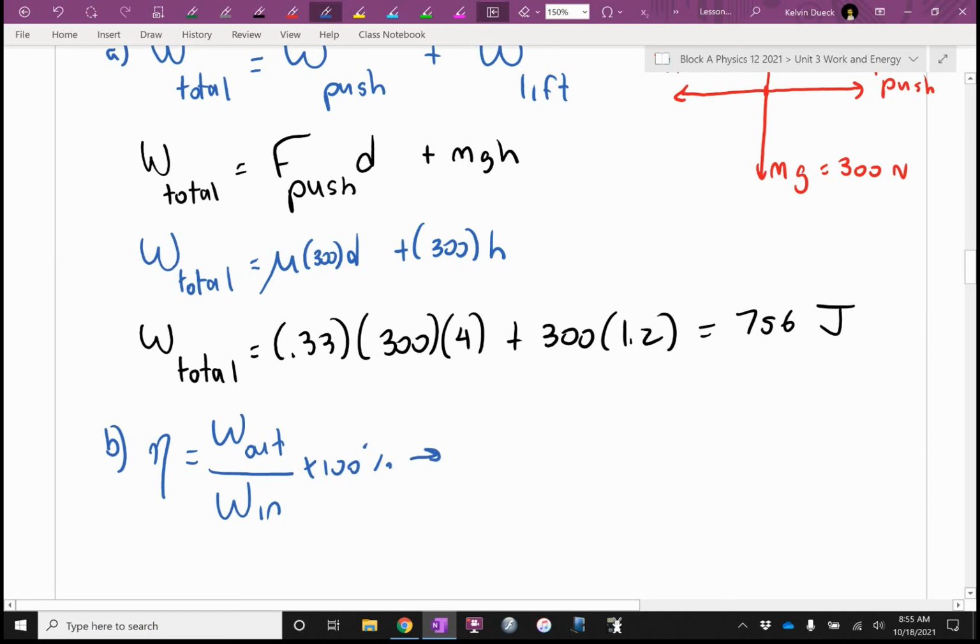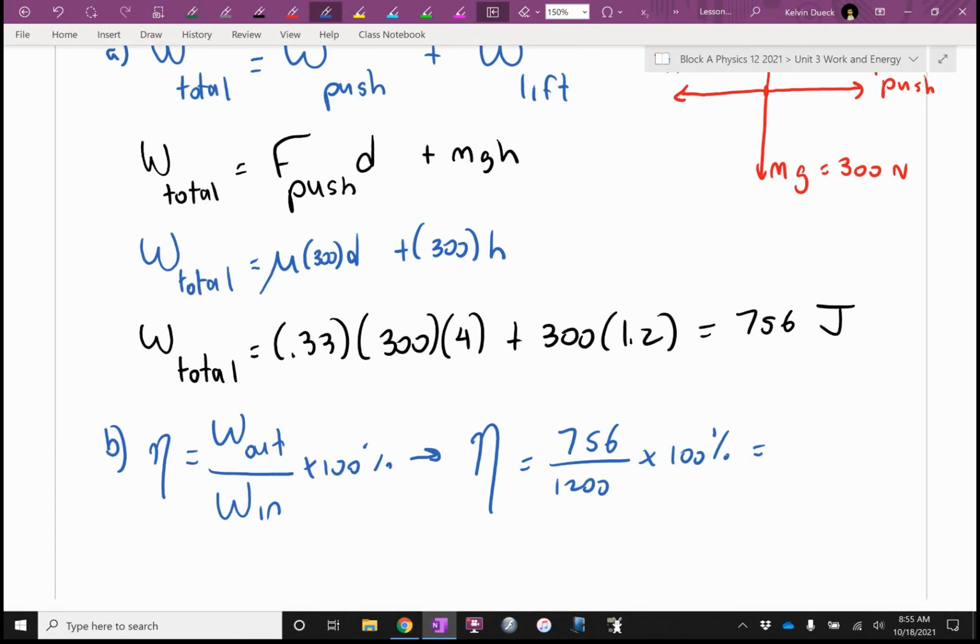Efficiency is going to be the smaller number divided by the bigger number. Efficiency is going to be 756 divided by, what did I say, 1,200? And I get 63% efficient.